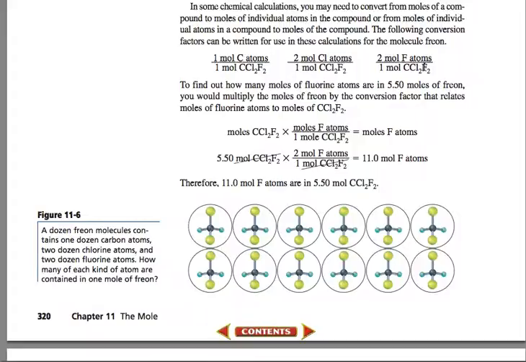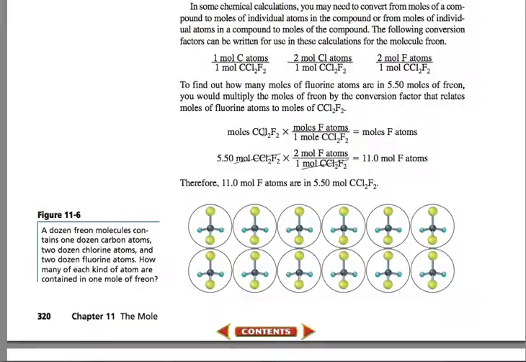To find out how many moles of fluorine atoms are in 5.5 moles of Freon, you would multiply the moles of Freon by the conversion factor that relates moles of fluorine atoms to moles of Freon compound. So here it is. This is the one we want to use, right? We want to know how many moles of fluorine, so fluorine needs to be on top in our equation because we want to end up with fluorine.